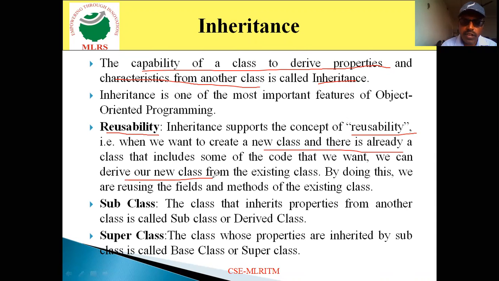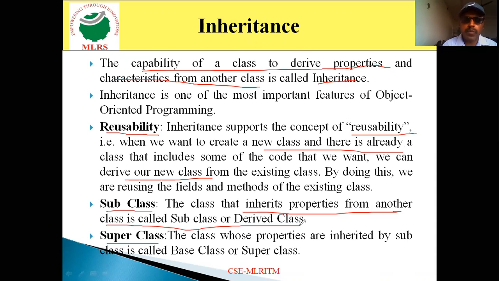Now look at this. Here we have 2 types of classes. One is a subclass, and the other is a superclass. A subclass inherits properties from another class, which is a subclass or derived class.